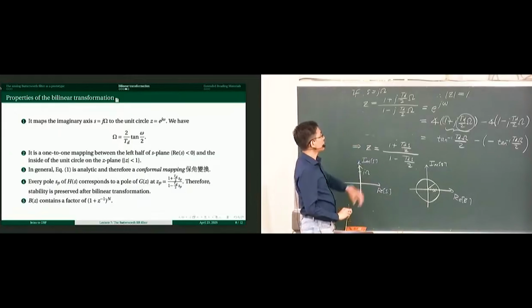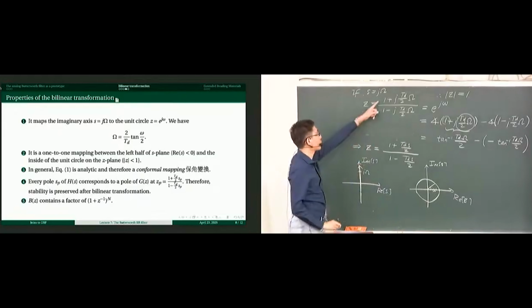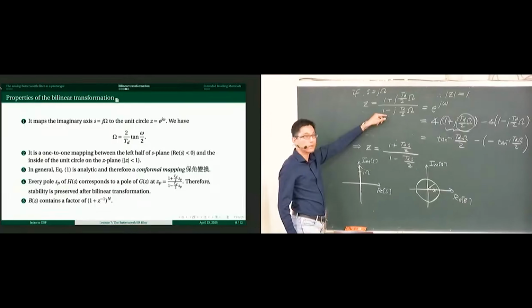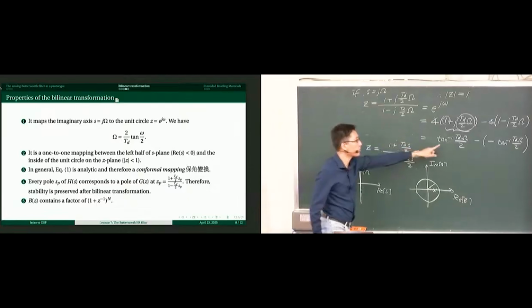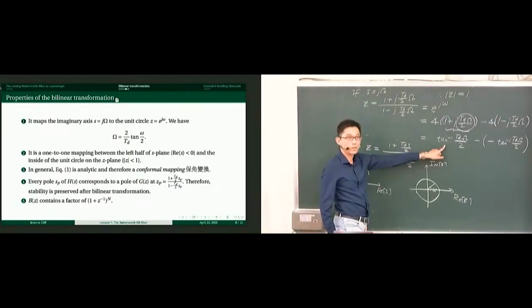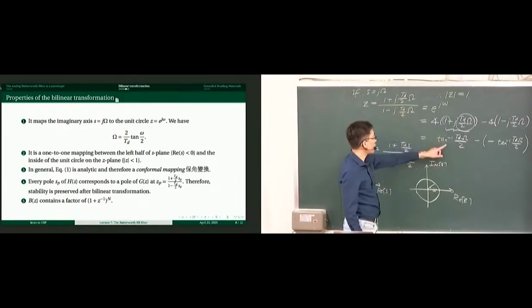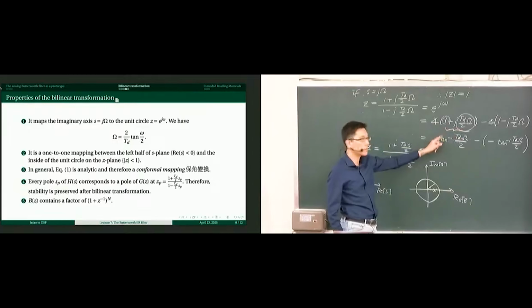So that's why. Just imagine that we have two complex numbers, okay? And we know that the angle of one complex number is arctangent. It's quite nice to be reminded that the angle of any complex number is arctangent of the imaginary part divided by the real part.